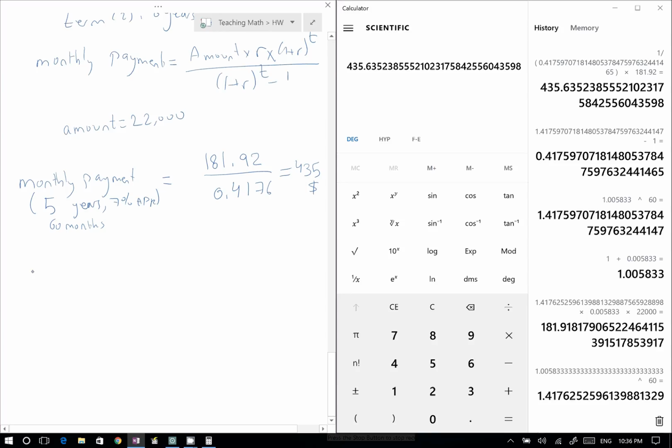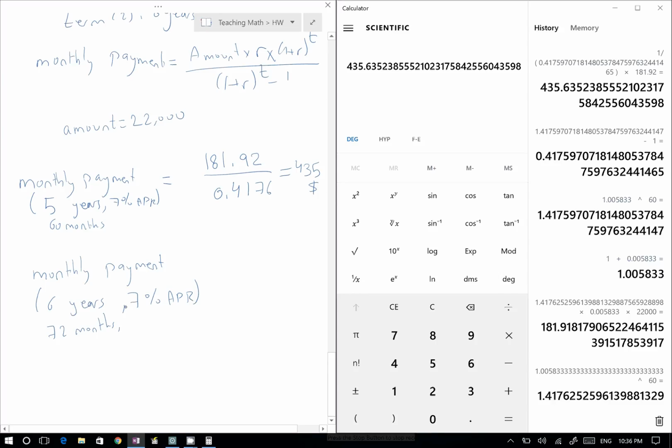Now monthly payment, six years, which means 72 months, 7% APR. We're almost done, guys.